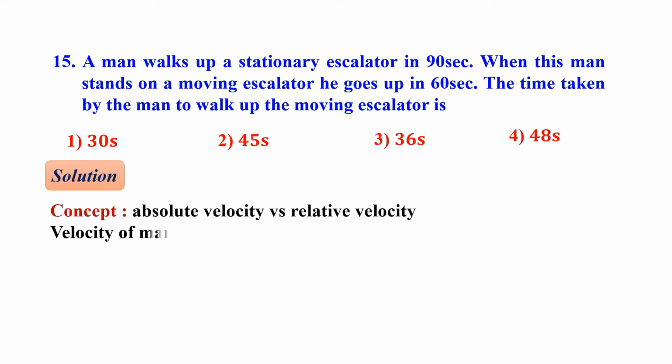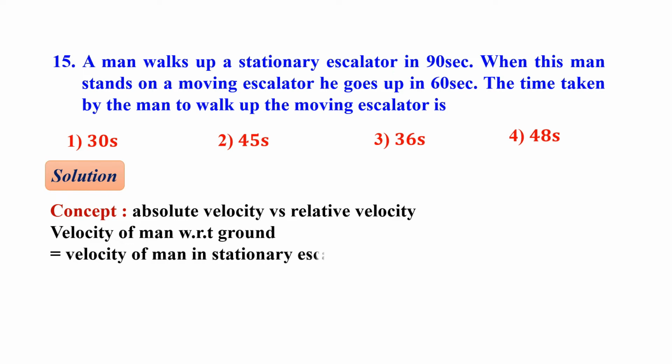Here the concept is absolute velocity versus relative velocity. Velocity of man with respect to ground, that is equal to velocity of man on the stationary escalator, that is Vg. So let S be the length of the escalator, and now T1 is equal to S by Vg.